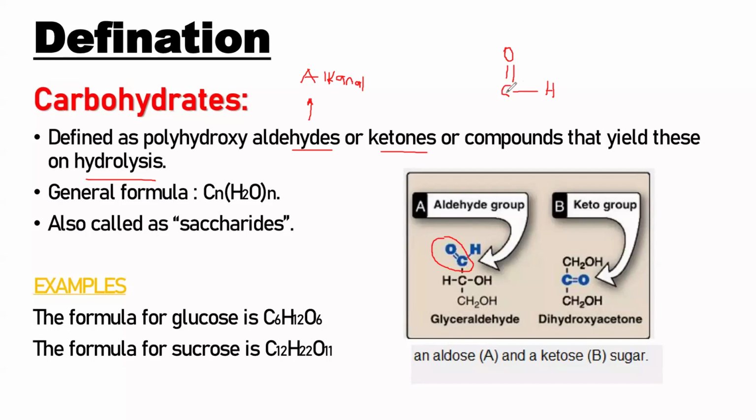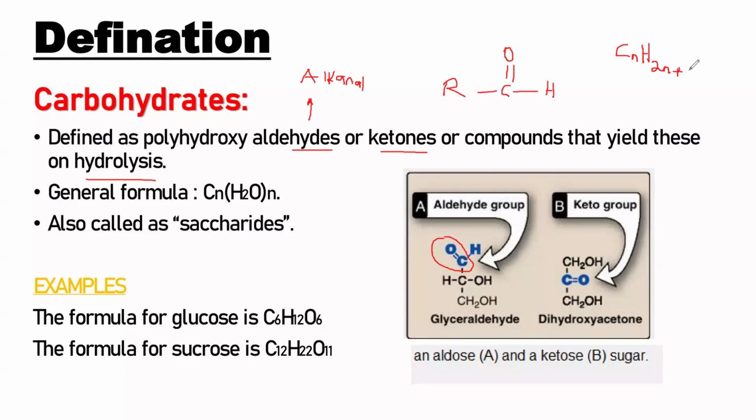And then after this free hydrogen attached to the carbonyl carbon, it has what you call an alkyl group. So if you did organic chemistry, we have what you call an alkyl group. The general formula for an alkyl group is CnH2n+1.